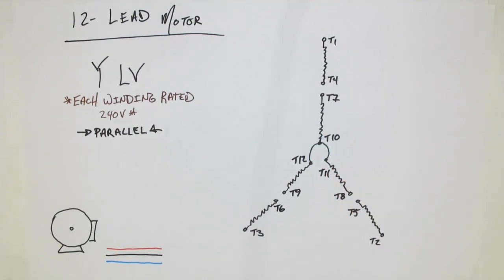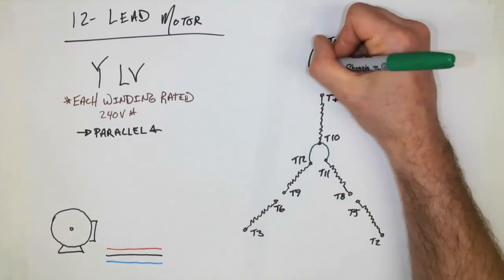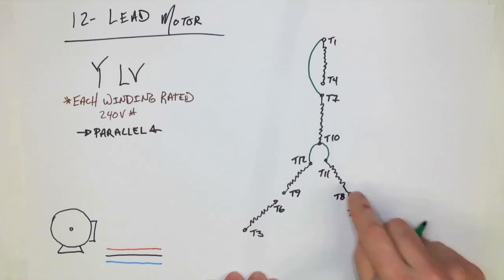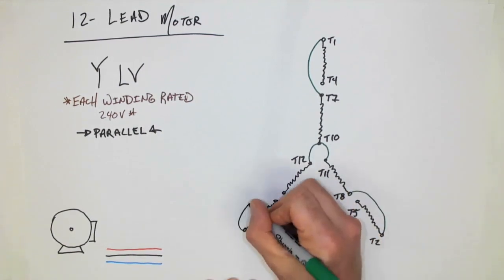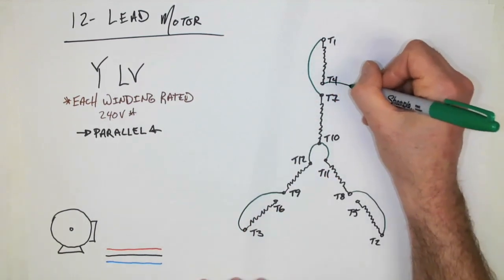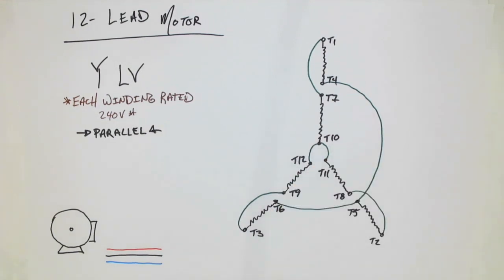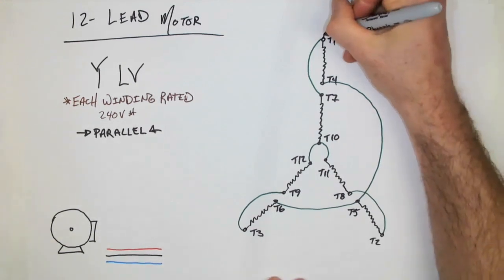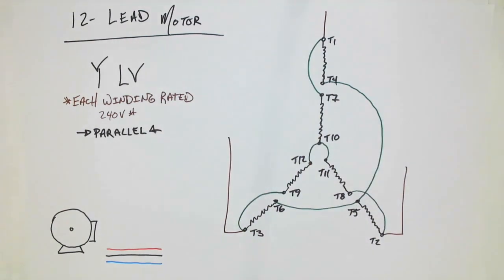We're also going to need a connection from T1 to T7, a connection from T2 to T8, and a connection from T3 to T9. In addition to that, we need to have 4, 5, and 6 tied together. Finally, our line conductors connect to T1, 2, and 3.